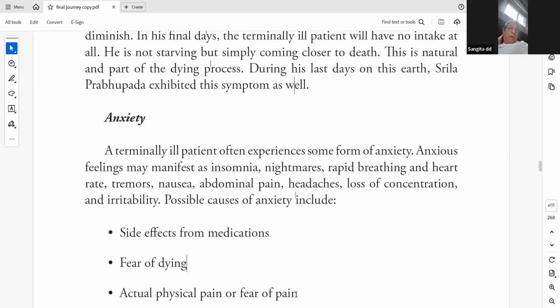Can I ask if anyone has ever been a caregiver to a family member or a close friend, and what you may have experienced when they stopped their eating and drinking? Does anyone want to share that? I don't see anybody raising their hand.